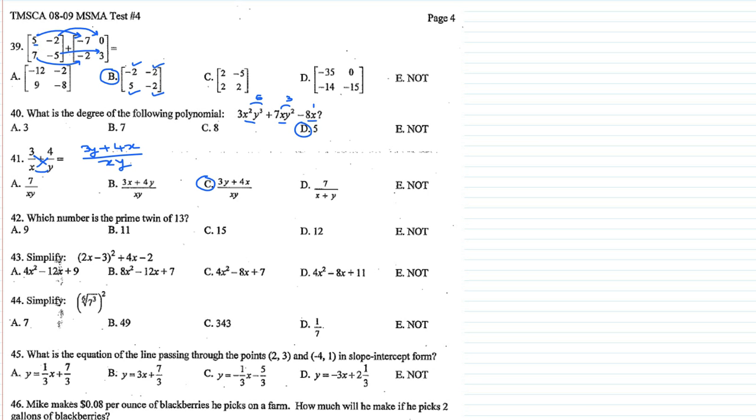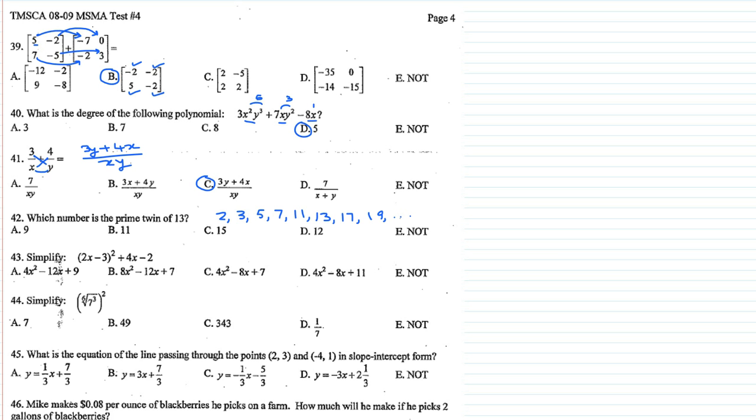Question 42. Which number is the prime twin of 13? Prime twins are pairs of prime numbers that only differ by 2. If we write down the prime numbers, we have 2, 3, 5, 7, 11, 13, 17, 19, and so on.